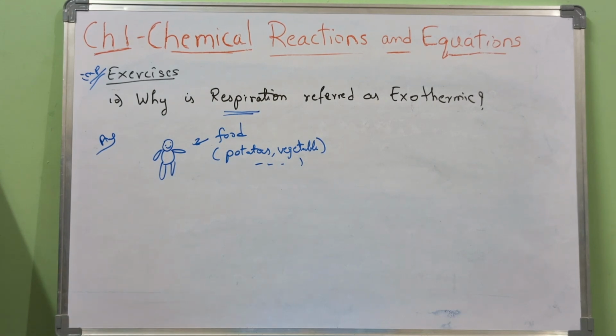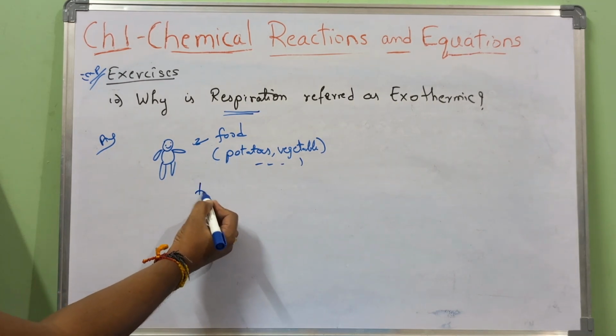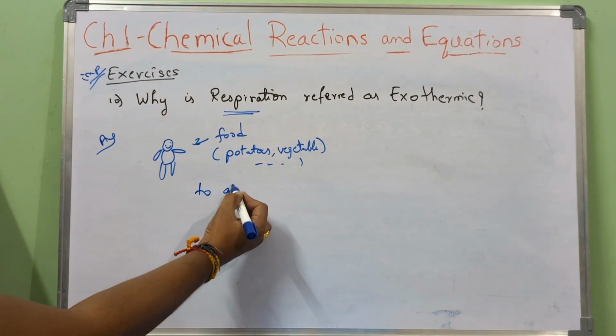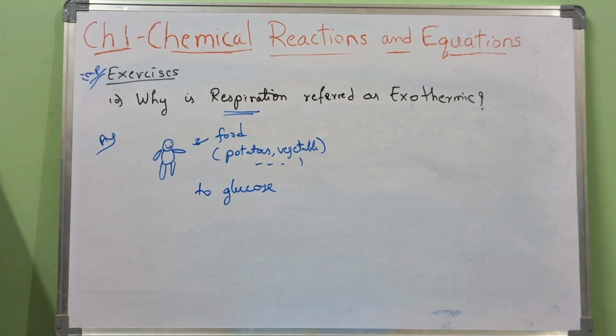Potatoes, for example, contain mostly carbohydrates. What we eat, our digestive system converts all those carbohydrates to glucose. That is the breaking down of potatoes, vegetables, everything, and whatever carbohydrates are present are broken down by the digestive system and glucose is formed.